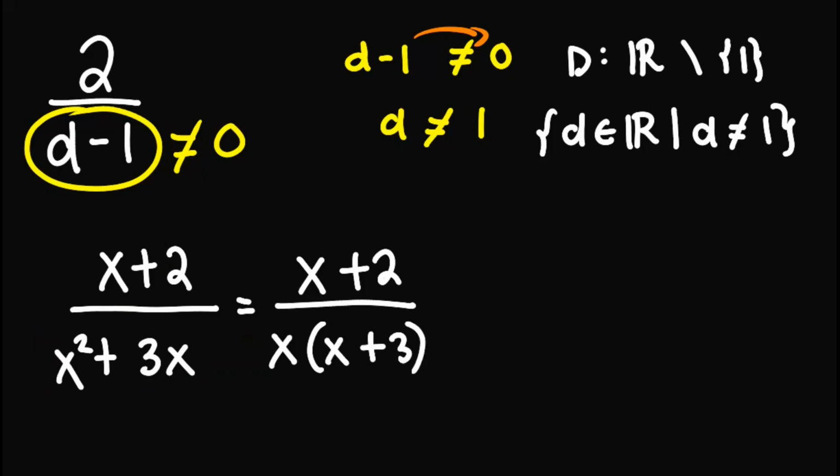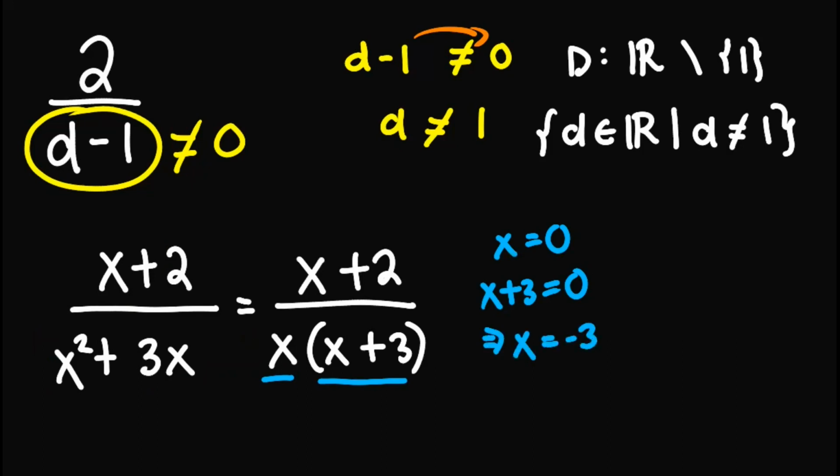And so, when will this denominator be 0? Either if x is equal to 0, or if x plus 3 is equal to 0. Solving for this, we'll have x is equal to negative 3. So we know that x cannot be equal to 0 and x cannot be equal to negative 3.